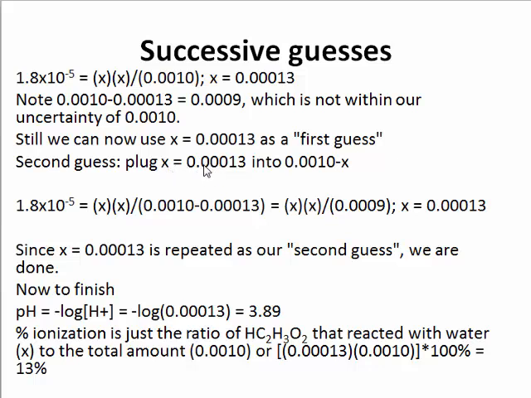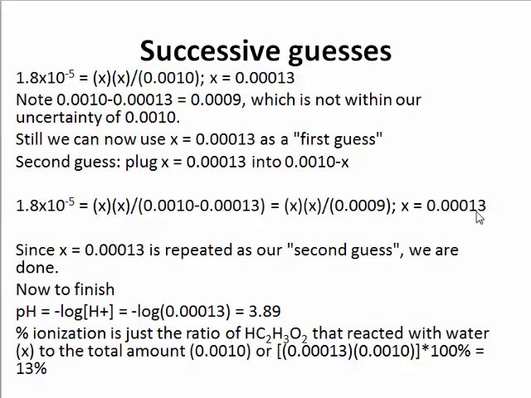We're going to plug 0.00013 into 0.0010 minus X in the denominator. The numerator looks the same, but our first guess for X appears in the denominator. This gives X squared over 0.0009.